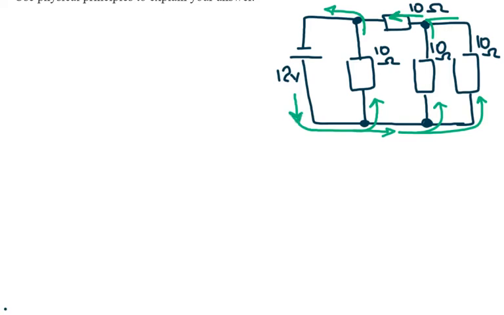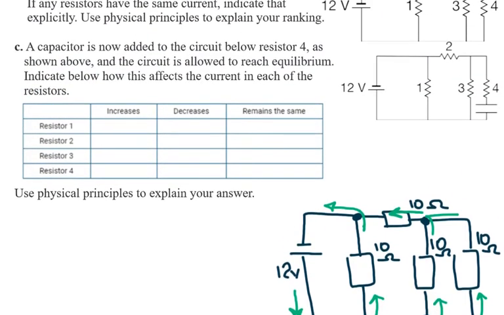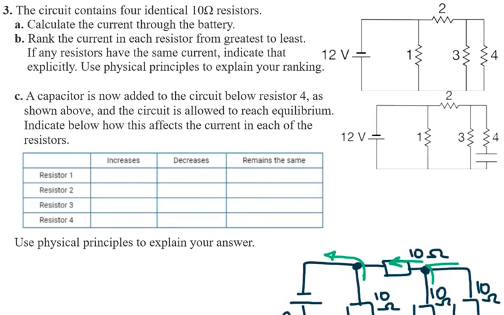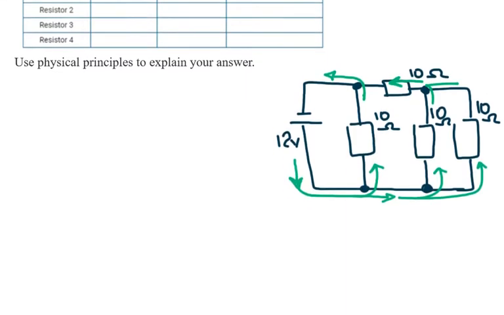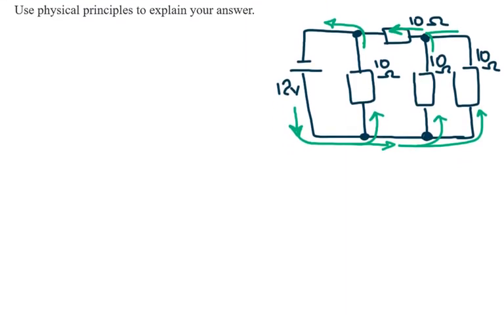So let's calculate the total, because in A they ask you to calculate the current through the battery. So it's not through a specific resistor, it's the total current. It's this current, the one that is leaving the battery, and the same current is going to be coming back to the battery. So we're trying to calculate this current.